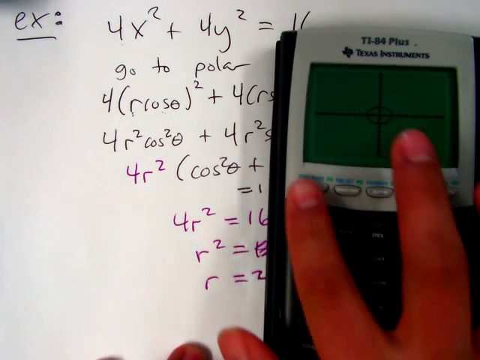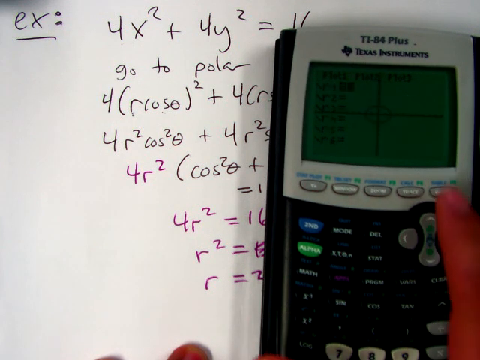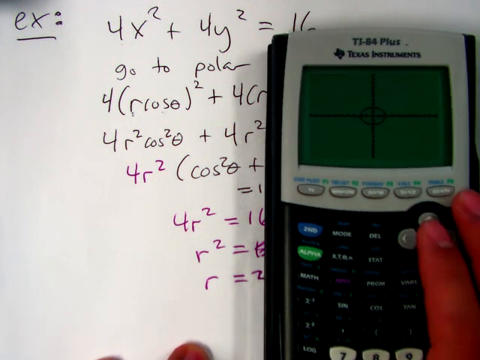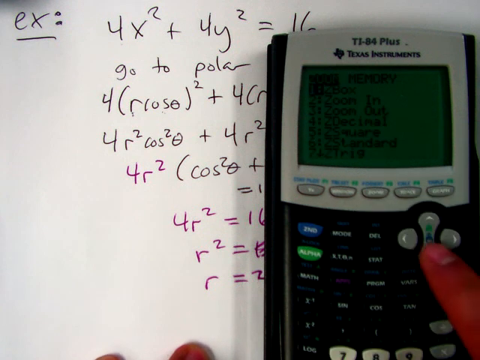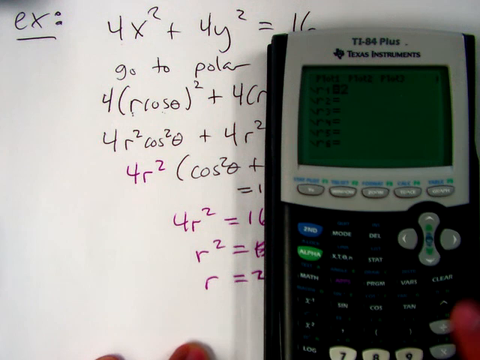So when you're in polar mode, type in 2. You get what seemingly looks like an ellipse. Let's make it look better. If you do zoom square, it actually makes the dimensions of your viewing rectangle what they should be. What does that look like? Circle. Okay. If you do r equals negative 2, it doesn't change.